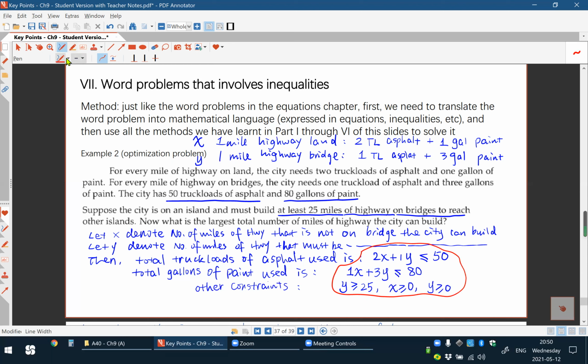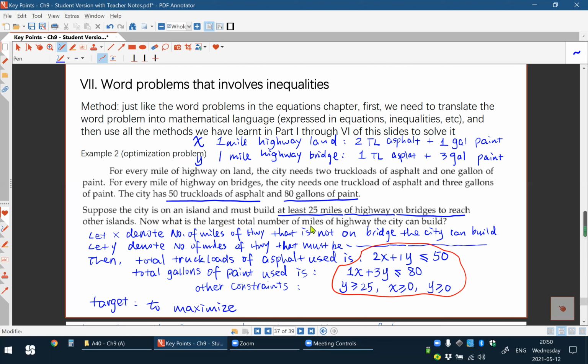And what is the target? The target is to maximize or minimize? The target is to maximize, right? Maximize which one? So let's revisit the question. The question is, what is the largest total number of miles of highway?